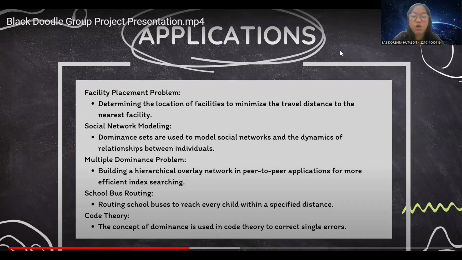6. Coding theory. The concept of domination is also applied in coding theory, as discussed by Cockayne, Hedetniemi, and others.